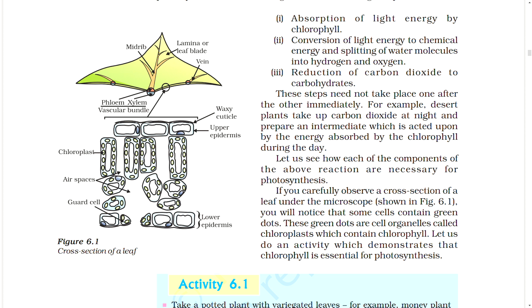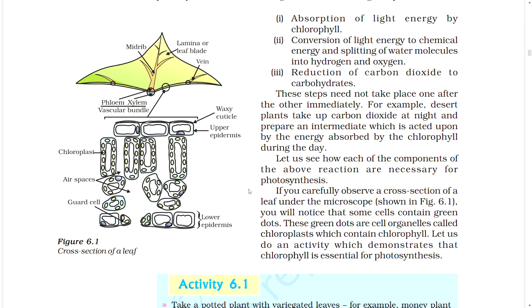Figure: cross section of a leaf: midrib, lamina or leaf blade, vein, phloem, xylem, vascular bundle, waxy cuticle, upper epidermis, chloroplast, air spaces, guard cell, lower epidermis.